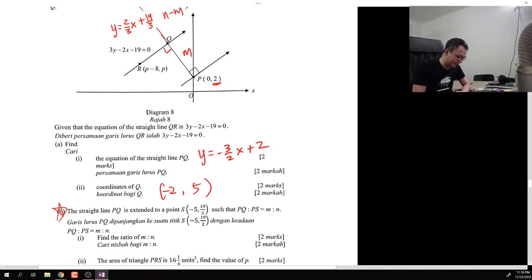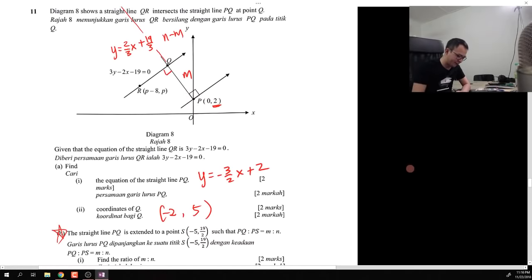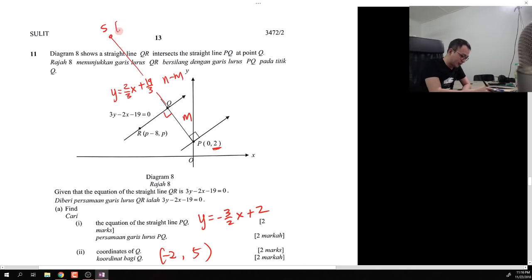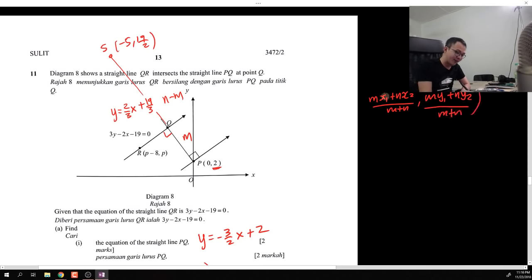Alright, then okay, so the coordinate is given as negative 5 and 19 over 2. Negative 5 and 19 over 2. Right, so then I will use the formula. Okay, so just in case you have no idea what the formula is: mx1 plus nx2 over m plus n, comma, my1 plus ny2 over m plus n equals x, y.